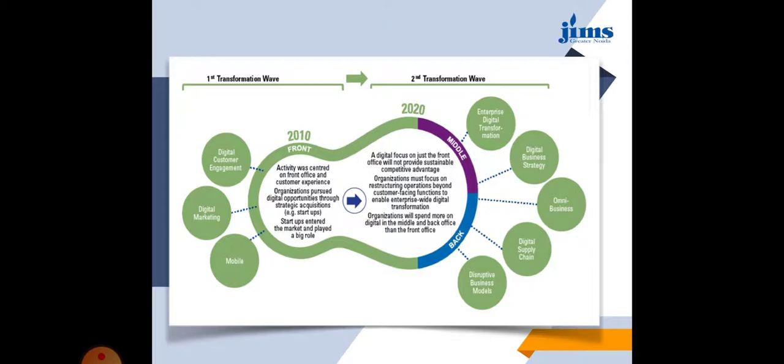When we talk about 2010, it just focused on the front office and customer experience, but in 2020 they say that digital focus on just the front office will not provide adequate competitive advantage for the organization. So organizations need to broaden their focus by restructuring the operations beyond customer-facing functions to enable the wide digital transformation, right?